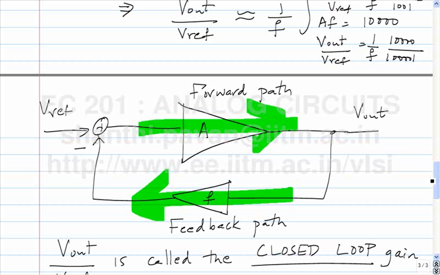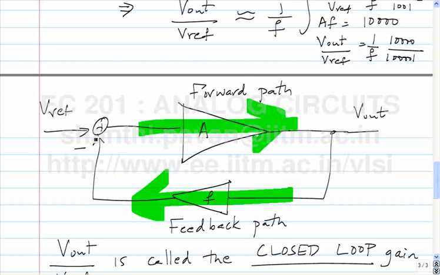You understand? So in other words, a forward amplifier with a very large forward gain A will tolerate very little nonsense between the feedback path and the reference paths.